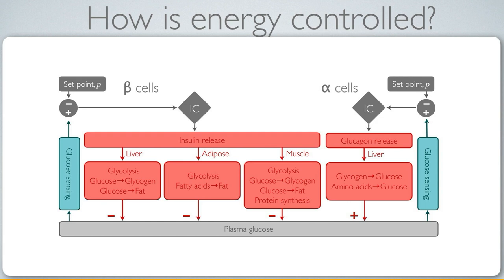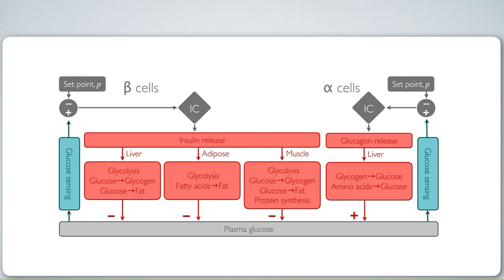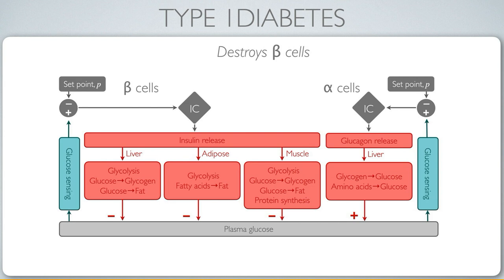And we don't often talk about many diseases, but in this case, it's quite useful to think about how diabetes squares with this control system that we've mapped out. So first of all, there's type 1 diabetes. And type 1 diabetes is an autoimmune deficiency, and this accounts for just 10% of diabetes cases.